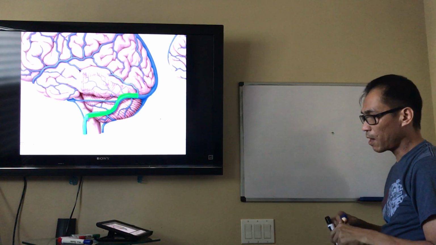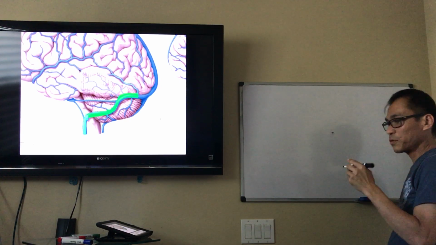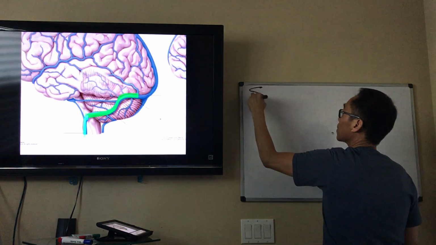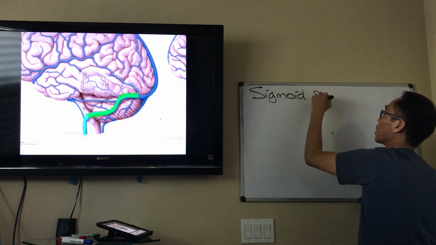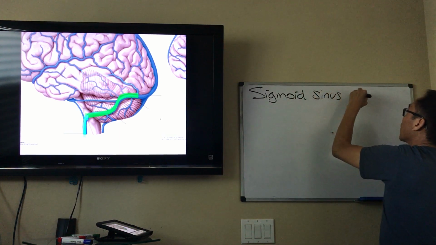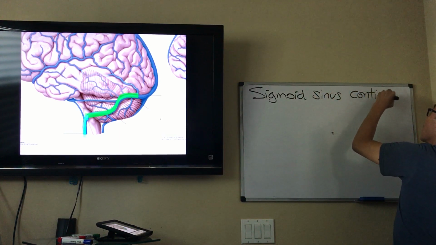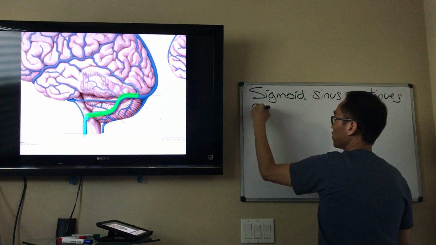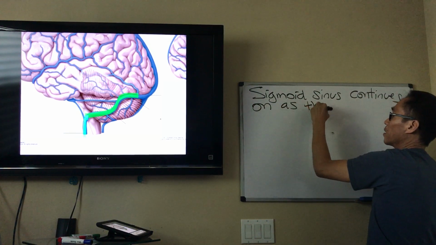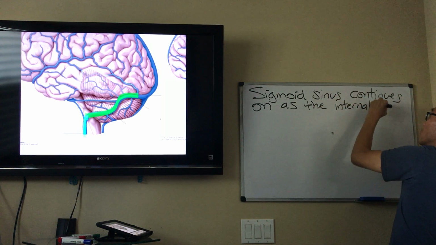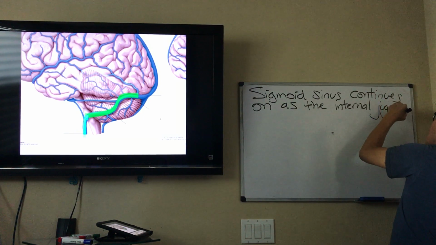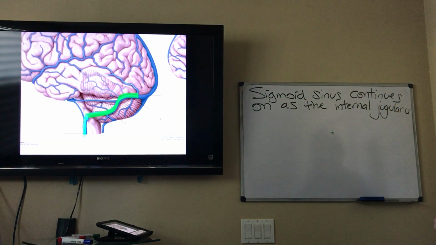Sigmoid sinus continues on as internal jugular vein. Okay, it exits the skull at the jugular foramen.